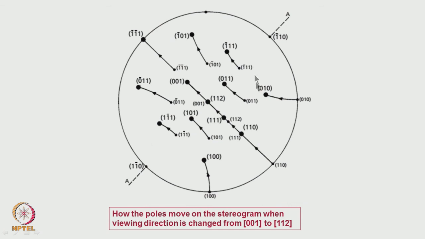All the letters in larger font correspond to the new positions of the poles. That is, for 112 coming to the center, these are all the positions in which the poles will lie. But what is essentially being shown is their original positions and how they have moved.